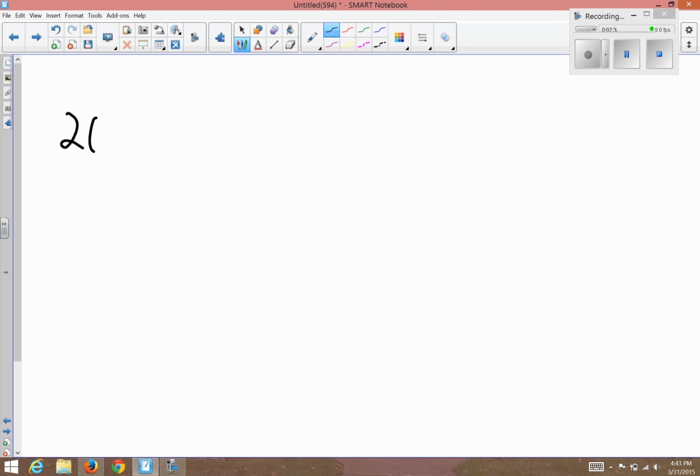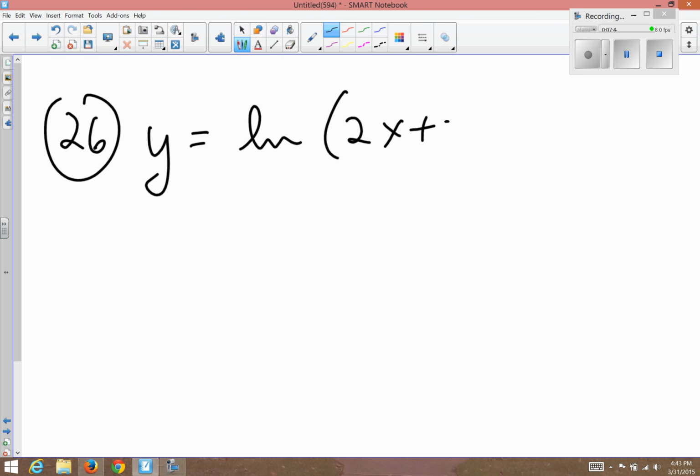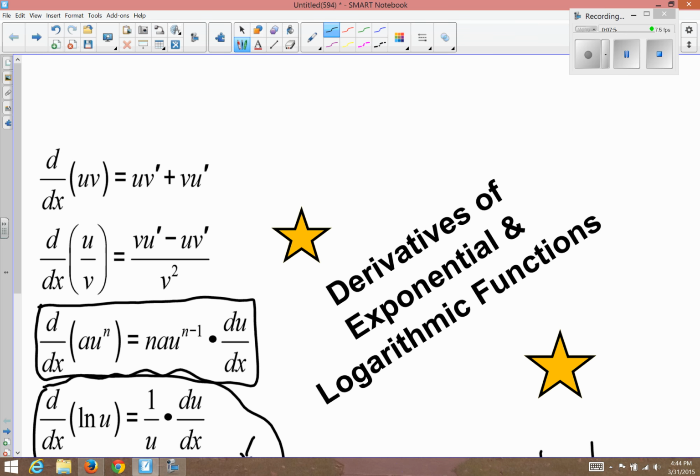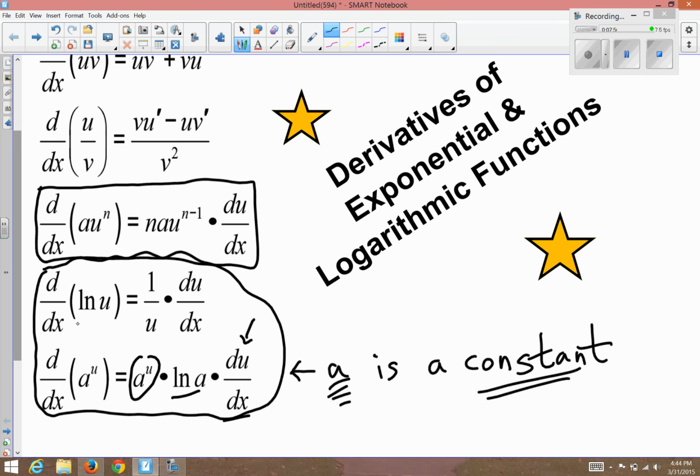Number 26. Y equals the natural log of 2x plus 2. The derivative of y with respect to x. So I'm going to look back at the list of formulas so you can see. You have the natural log of something. The derivative is 1 over the something.